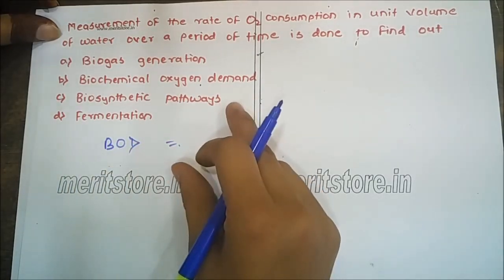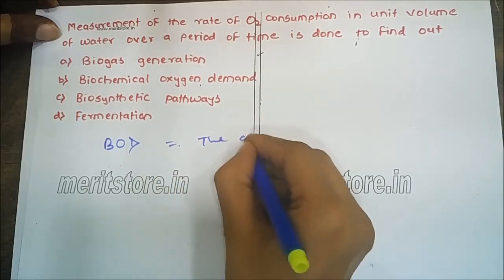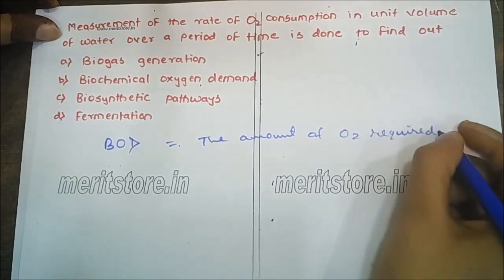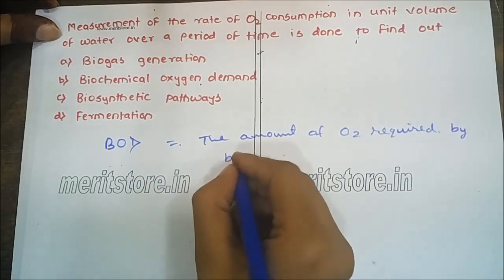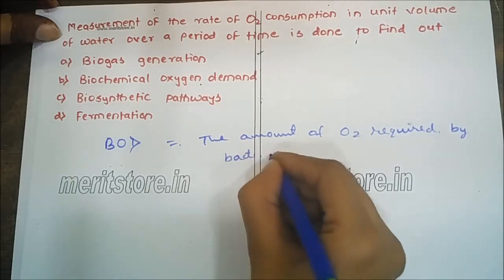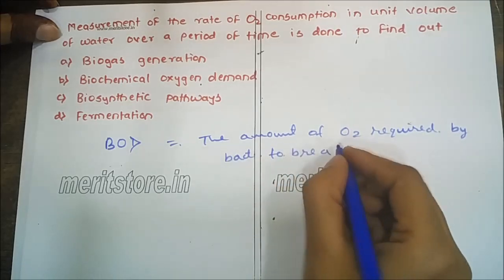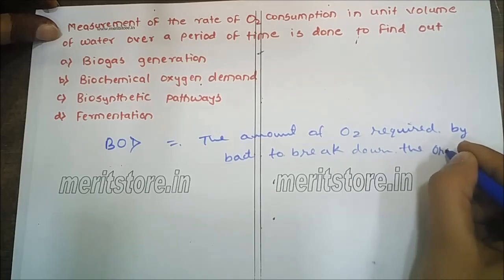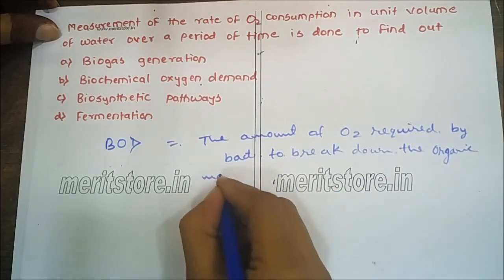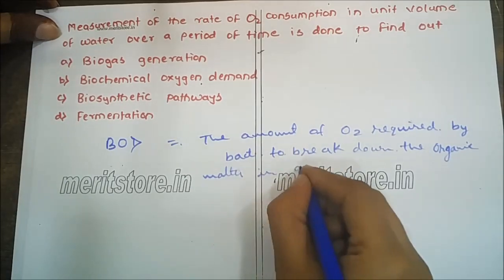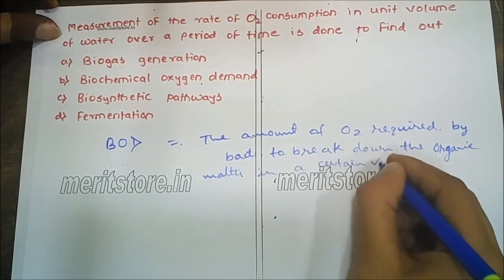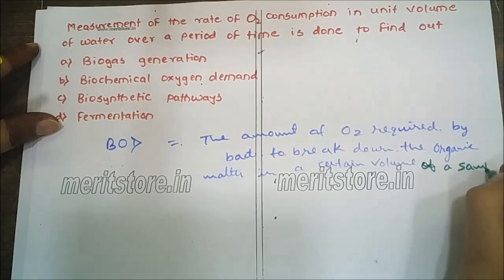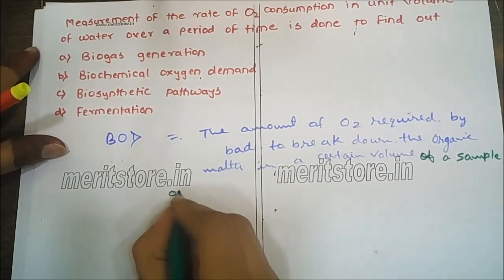BOD is the amount of oxygen required by bacteria to break down the organic waste or organic matter in a certain volume of a sample of water.